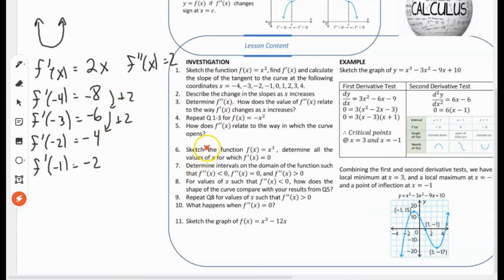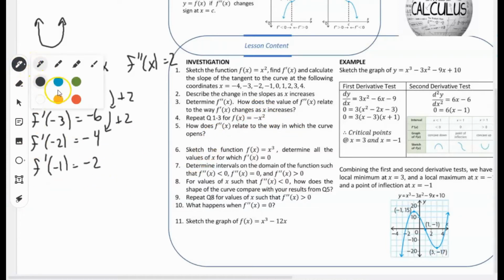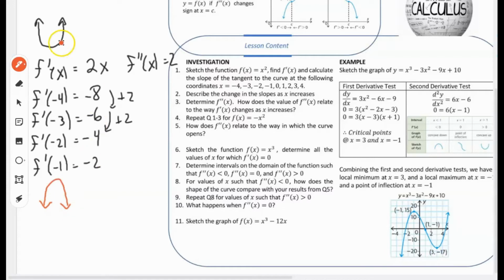Okay. Well, what about if our function is -x squared? So we all know what that looks like. This looks like this. Here's -x squared. Right? X squared opens up, -x squared opens down. Now if you were to take the derivative of -x squared, you just get -2x. And the second derivative would be -2.